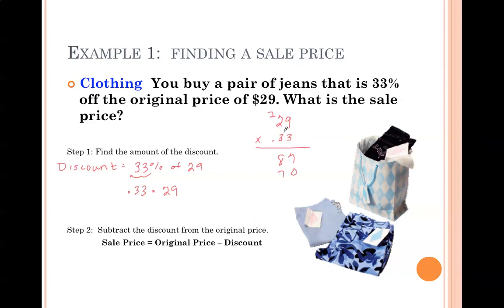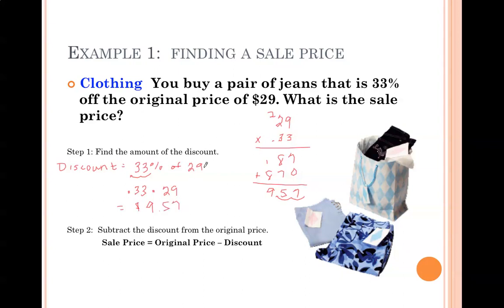And 3 times 2 is 6, plus 2 is 8. All right, so we add these. We get 7, 15, carry the 1, and 9. Now don't forget about your decimals. We need to move this 2 places to the left. 1, 2. So our discount equals $9.57.